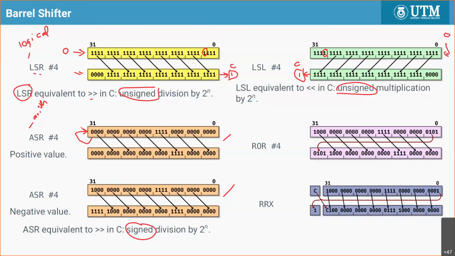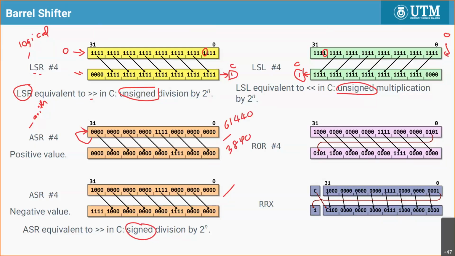Yeah, this value is 61440 in decimal. If I shift 4 times to the right, that will be like dividing by 16. So I will get 3840.